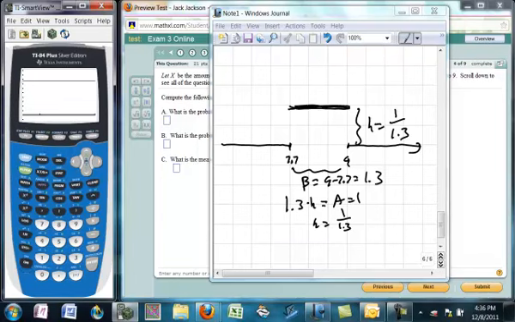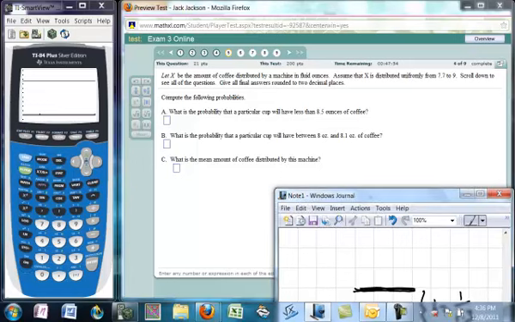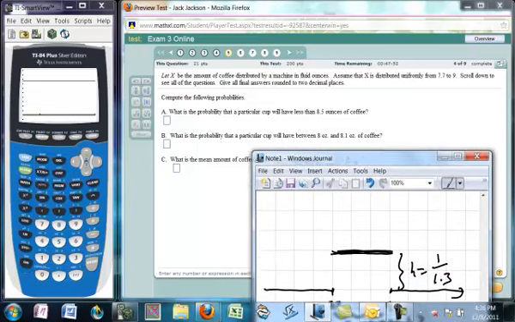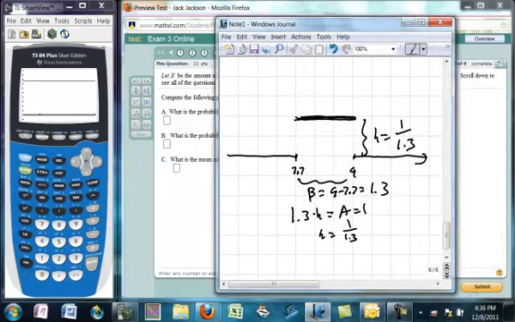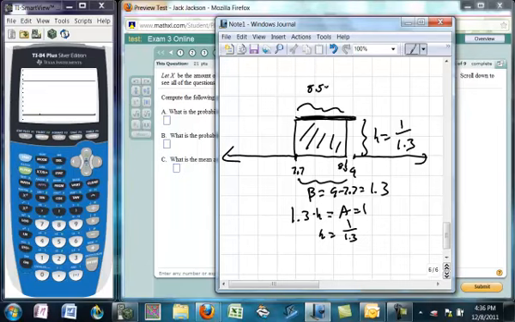Okay, so what's the probability that a particular cup will have less than 8.5 ounces? That's technically from negative infinity to 8.5, but there's nothing to the left of 7.7, so we're finding an area like this. The width is 8.5 minus 7.7, and the height is still 1 divided by 1.3.